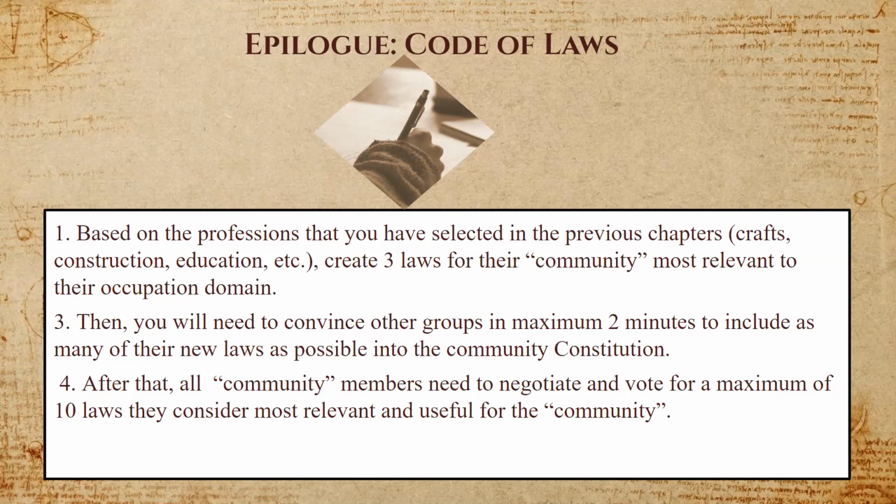And then they will need to convince other groups in maximum 2 minutes to include as many of their new laws as possible into the community constitution. After that, all community members need to negotiate and vote for a maximum of 10 laws they consider most relevant and useful for the community. So they are going to create their own constitution.